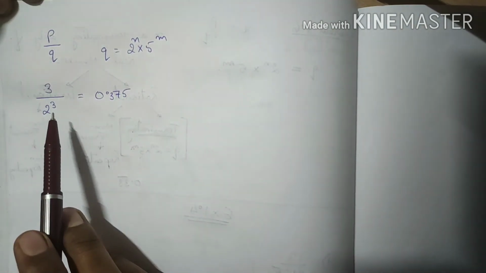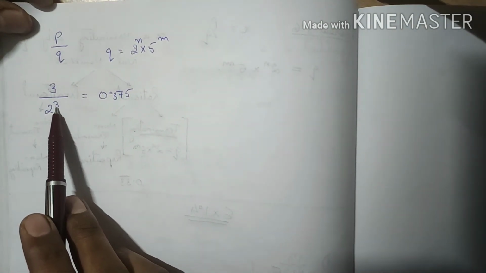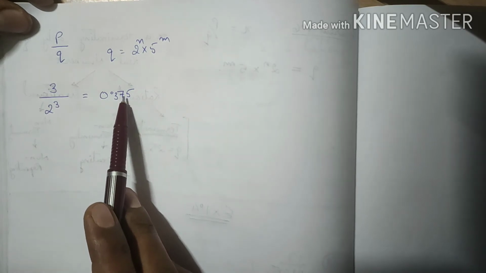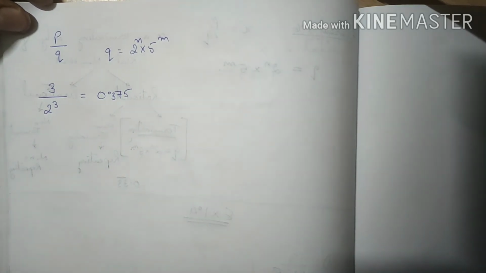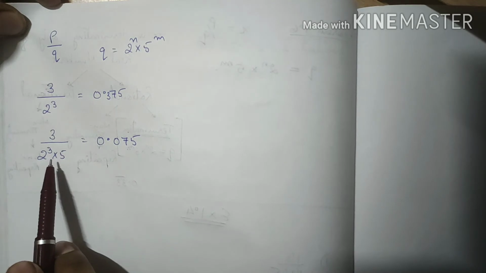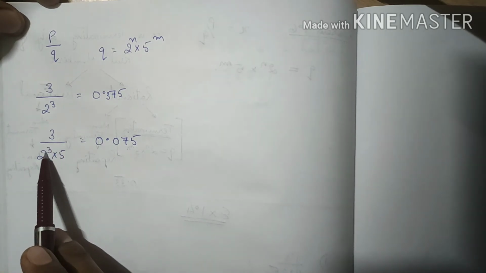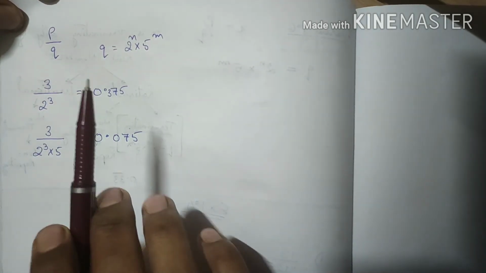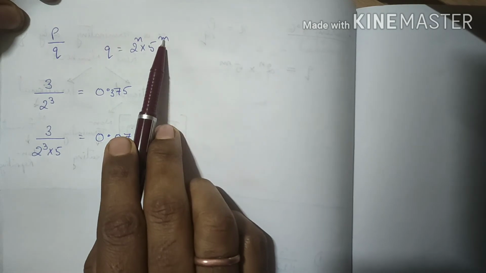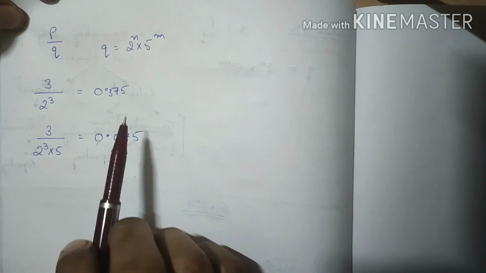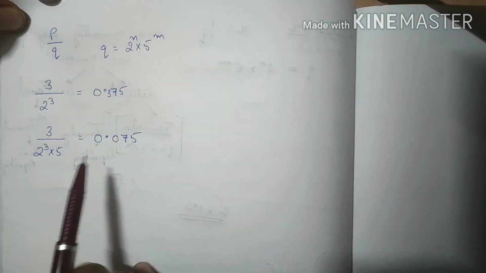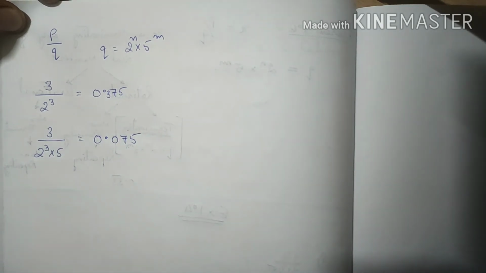See, 3 by 2 cube, so here n is equal to 3, so there are three numbers after the decimal, and you can clearly see that 2 to the power n and 5 to the power m, n is 3 and m is 1, right? So the highest out of n and m will decide how many numbers are there after the decimal. So highest is 3, so 3 numbers after the decimal.